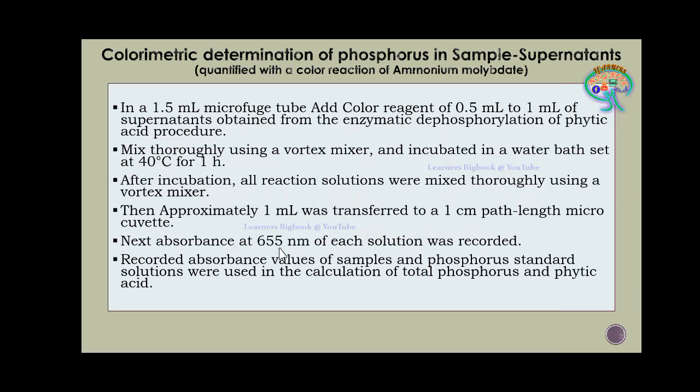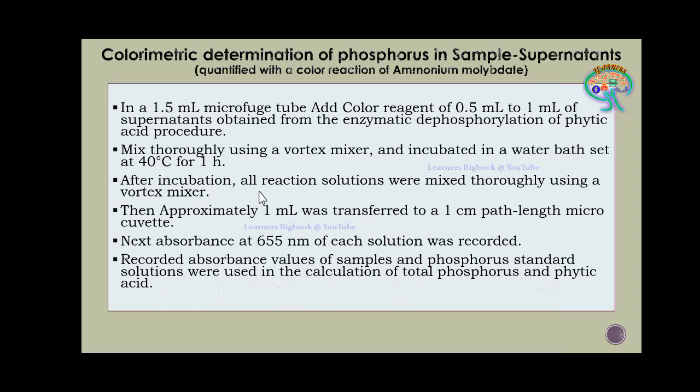Next the absorbance will be measured at 655 nanometer for each solution, that is the free phosphorus and the total phosphorus of one sample will be recorded, and the recorded absorbance values of the phosphorus standard solutions were used in the calculation of the total phosphorus and phytic acid.